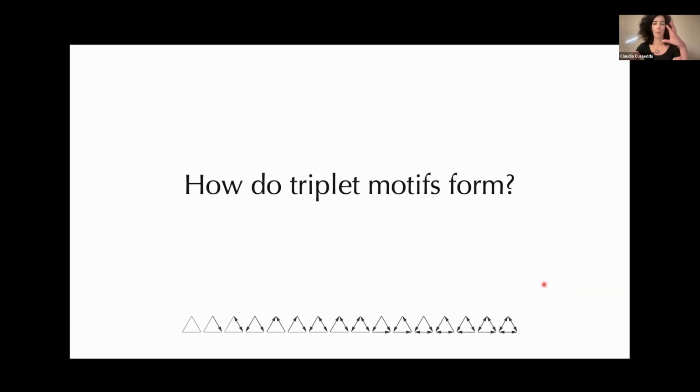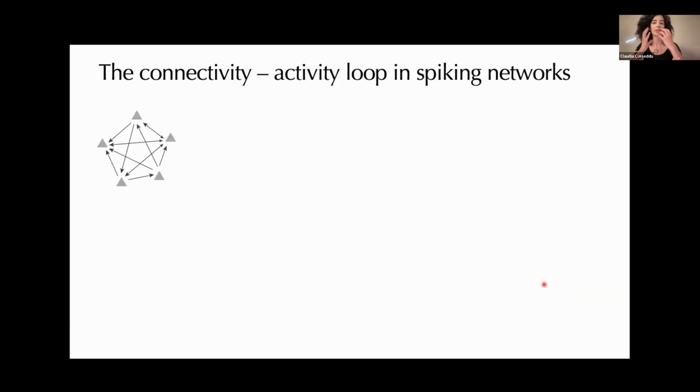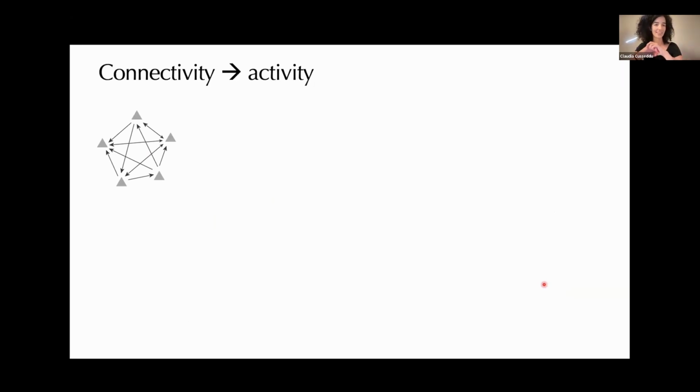Given this question, to understand this, we need to think, first of all, about the continuous feedback loop between connectivity and activity in spiking networks. So we can take again our recurrent network, and we can start with how connectivity influences activity.